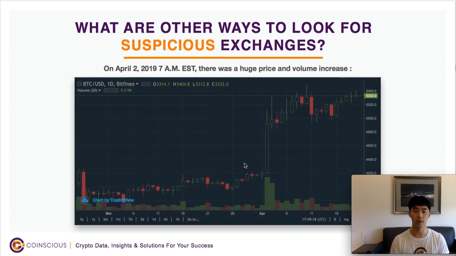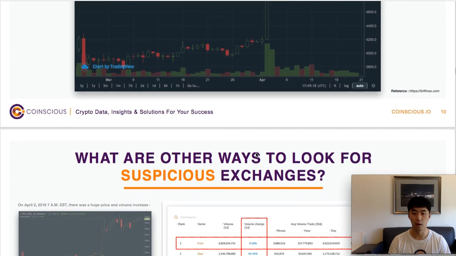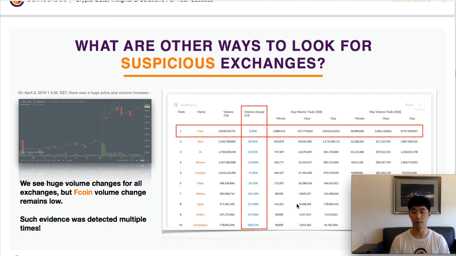One example is April 2nd, when there was a huge volume and price spike, as you can see over here. This was the most recent price pump that we had. We look at 18 exchanges in our dashboard and their volume changes, shown in blue.